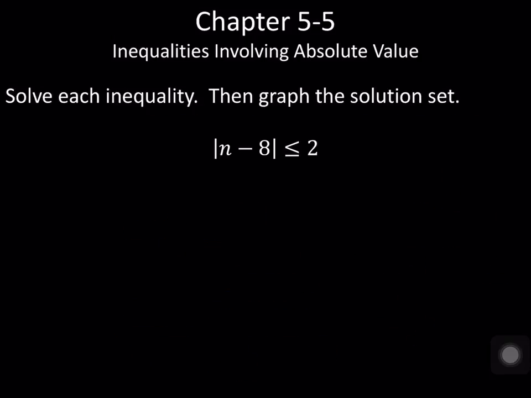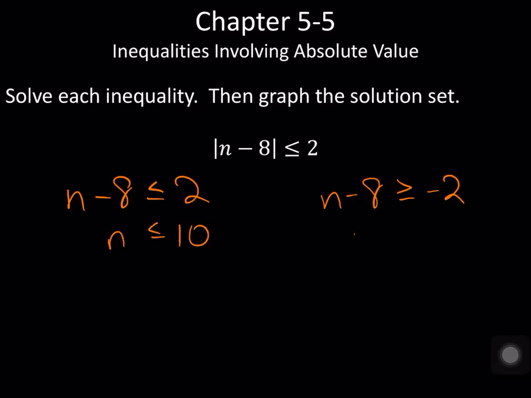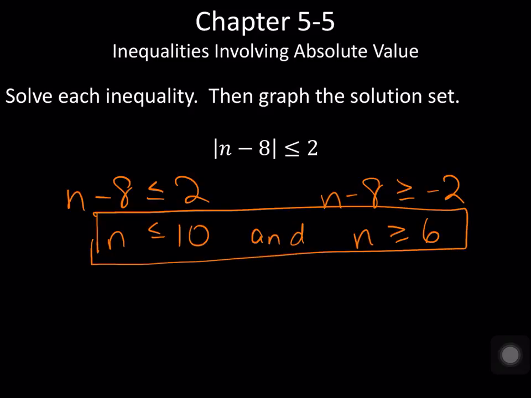So we set up our two scenarios: n minus 8 less than or equal to 2, and n minus 8 with the inequality flipped and the 2 made negative. These are the two inequalities that you solved, and we're going to solve them. We're going to remember to treat them as an and, and this is my solution.